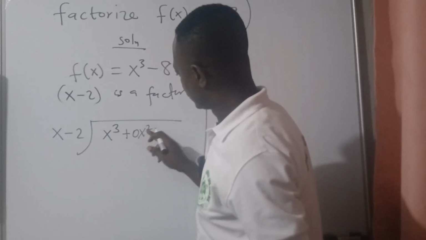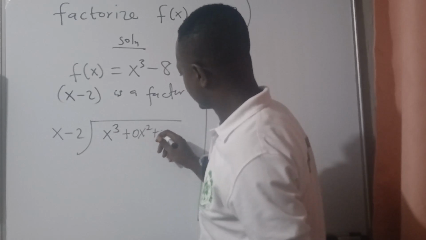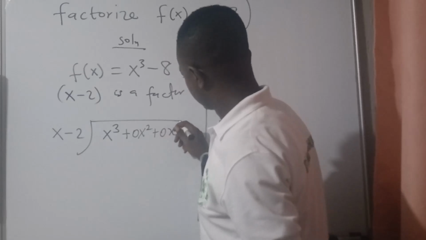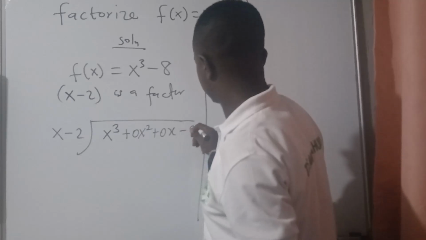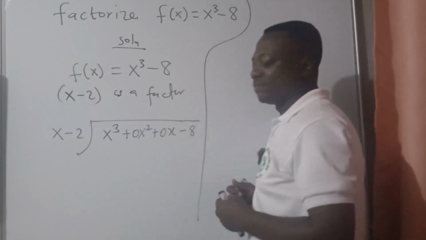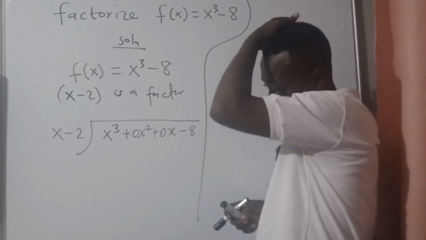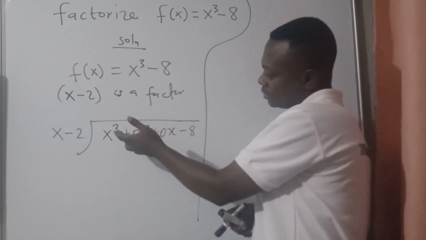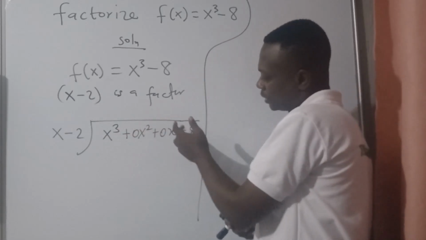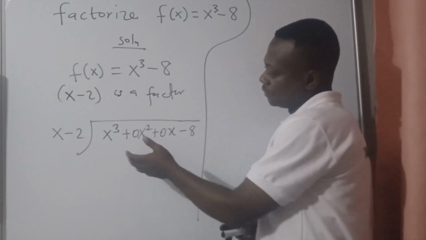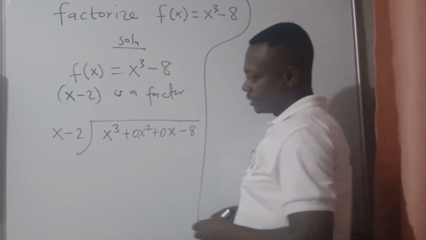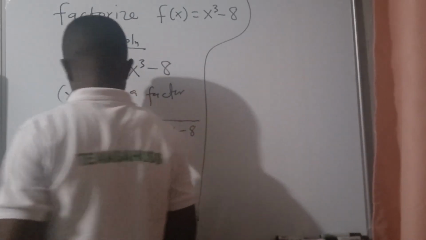So x cubed, then x squared, then x before the constant, minus 8. That is perfect. So 3, 2, 1, then we have the constant here. Now, from here, we can divide our polynomial.